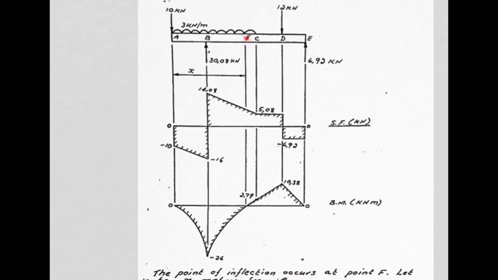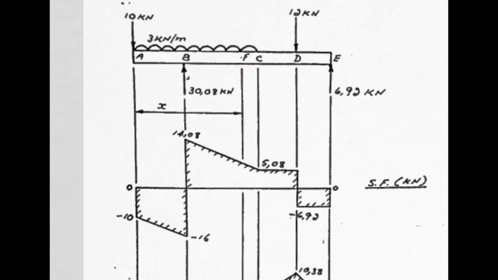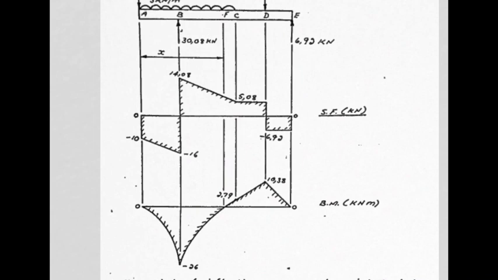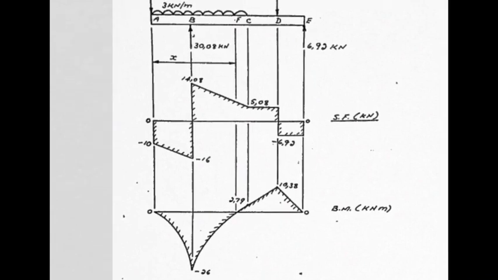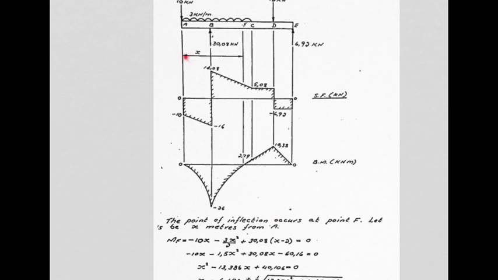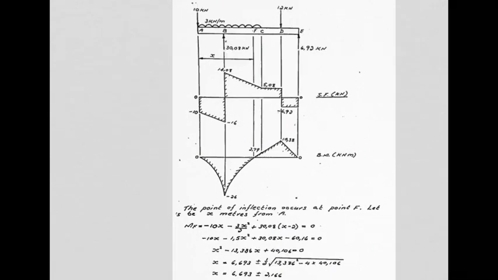So let's call that significant point F, and let's come up with an equation for bending moment at point F. And let's give the distance from point F to the end of the beam as x meters. And let's put our hand on the beam at F, and let's expose this side of the beam and work out the bending moment at point F. So we have minus 10 times distance x as our first number.